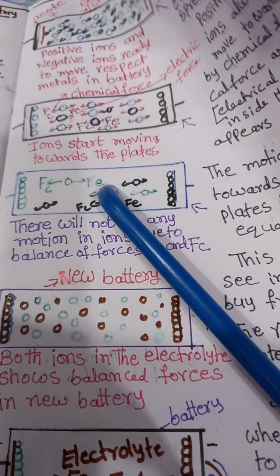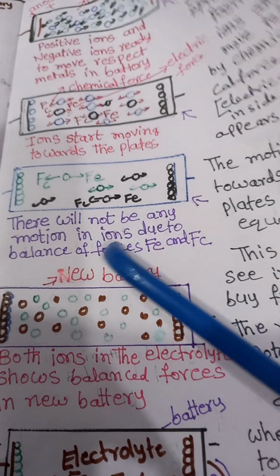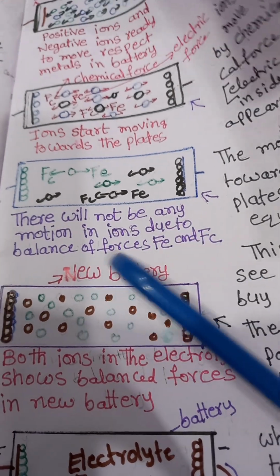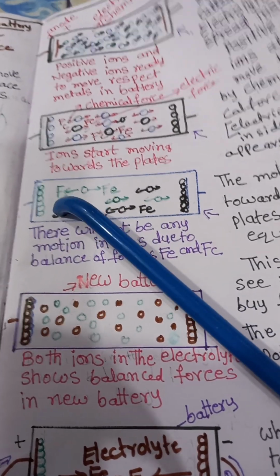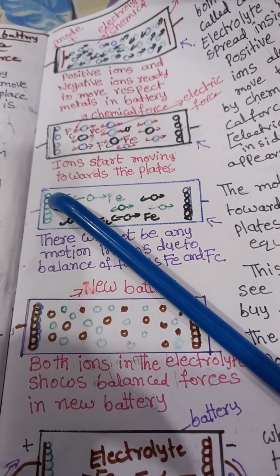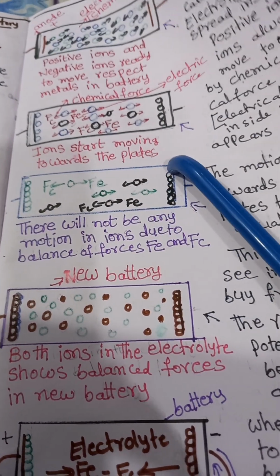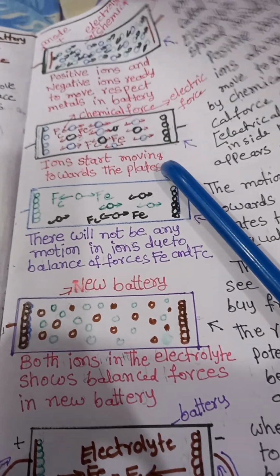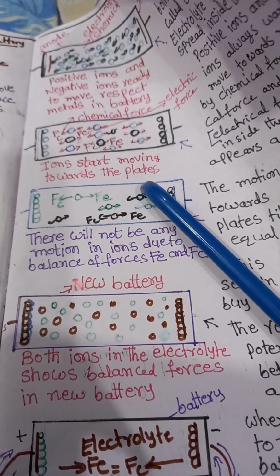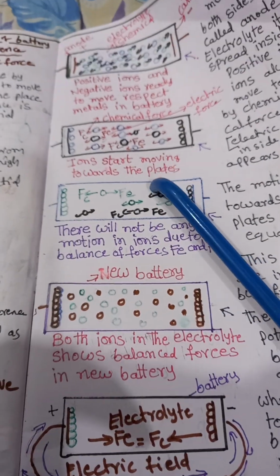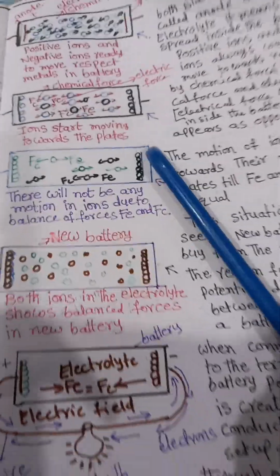When Fc and Fe are both equal, there will not be any motion in the ions due to the balance of forces Fe and Fc. So the positive ions go towards the metal plate and accumulate on this plate, and the negative ions go towards the other plate and accumulate on this metal plate. Till the electric force and chemical force are equal, and then there will not be any motion in the ions due to the balance of forces.